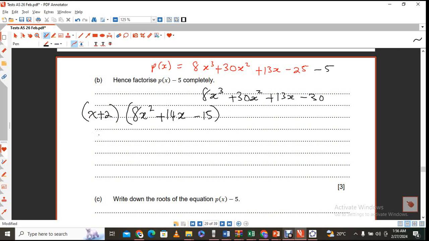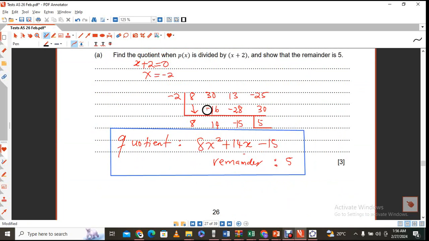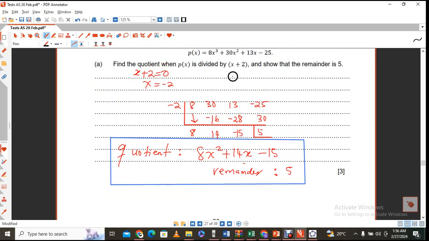Now, if that is the case, we can actually find the other two factors, because I already have one, where I have x plus 2. Just remember that. It's very important that you take note of that and make sure that you understand that concept. In the first part, when we were using synthetic division with x plus 2, there was a remainder, and the remainder is 5.